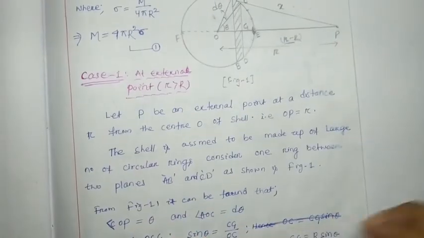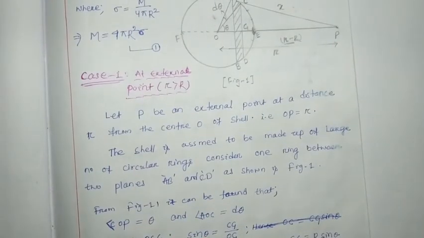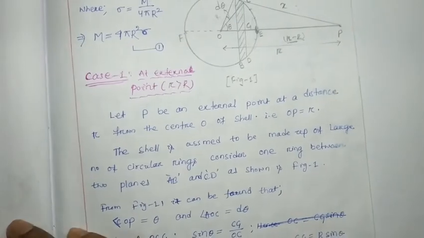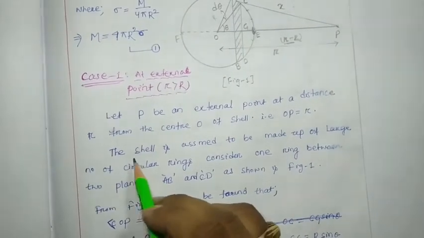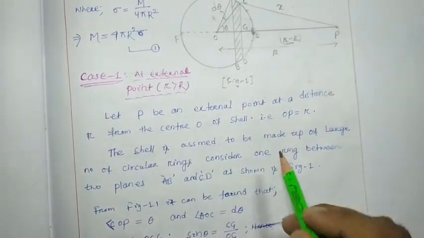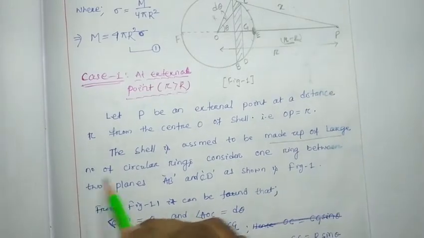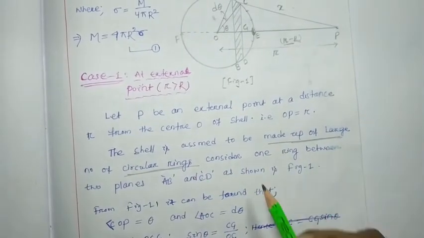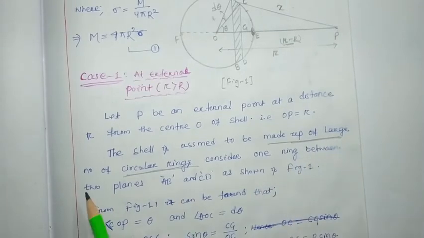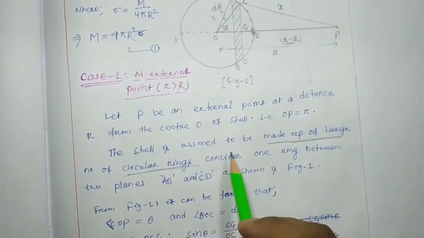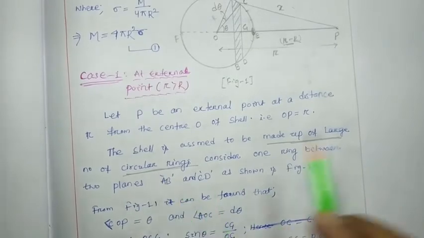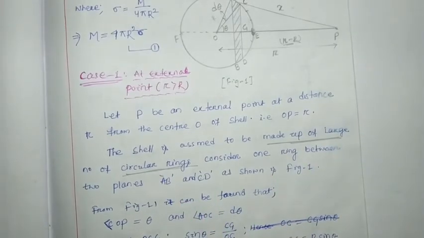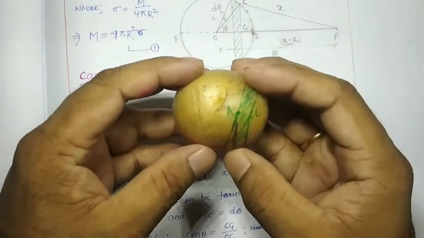Here is the most important point that you have to understand. The shell is assumed to be made up of a large number of circular rings. For that I am going to show you one example, so you can easily understand.